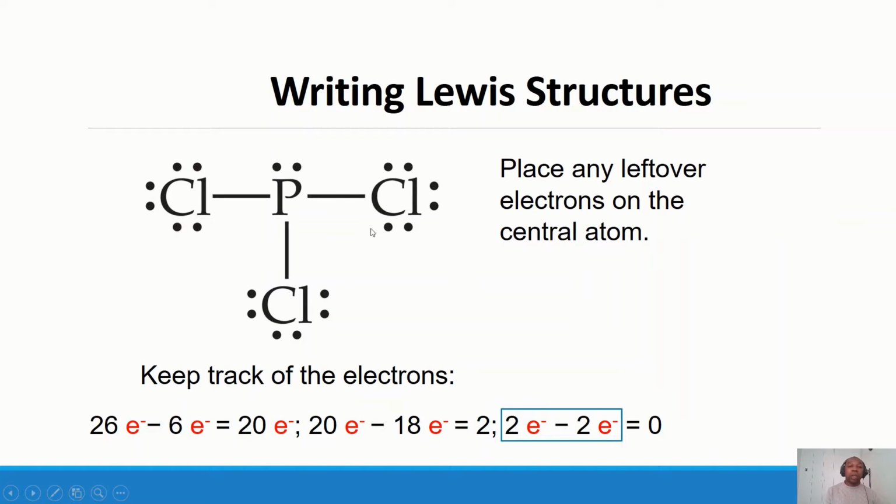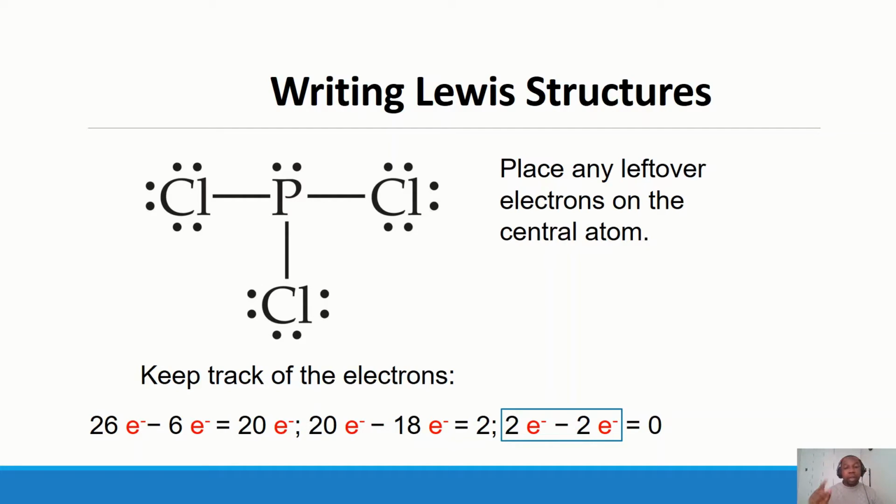So those 2 electrons are what we're going to put here on phosphorus. Now, let's scan phosphorus and see if it obeys the octet rule. It's going to be 1, 2, 3, 4, 5, 6, 7, 8. So all atoms in this compound have obeyed the octet rule because they all have 8 electrons now in their atom's shell.